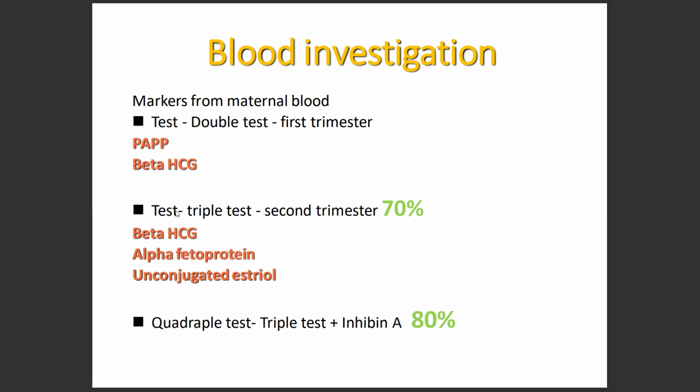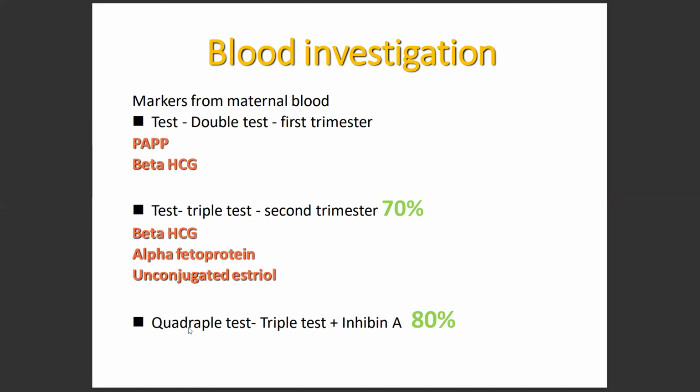Then in the second trimester, we have to do the triple test, that is beta HCG, alpha fetoprotein, and unconjugated estriol, not PAPP-A. So in the first trimester, PAPP-A and beta HCG, but in the second trimester, the triple test is done.